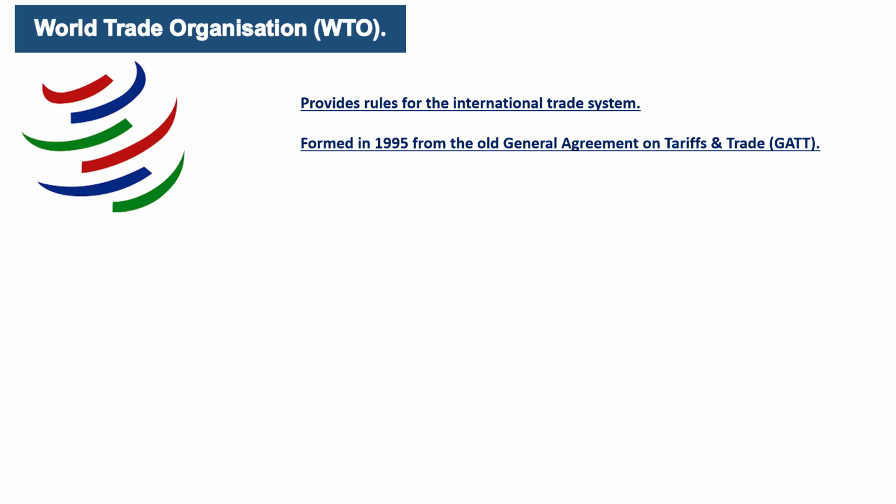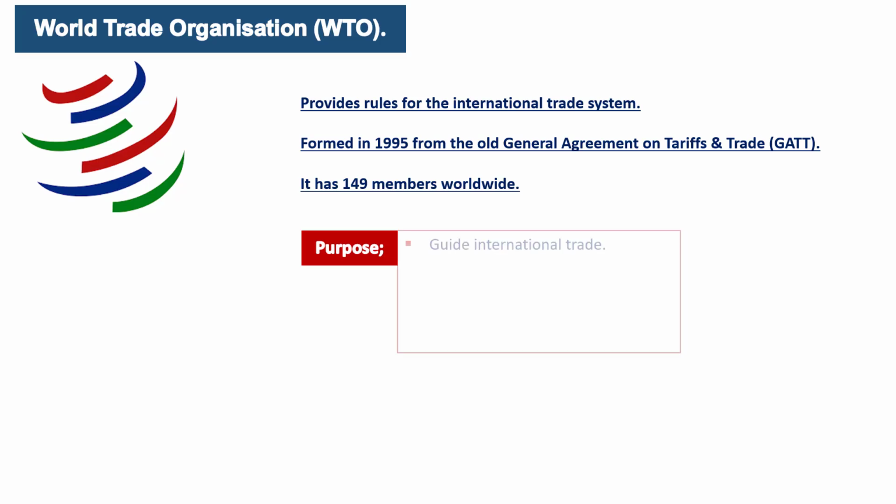The WTO provides guidance on trade in goods, services, inventions, creations, and intellectual property. The WTO has 149 members, which is basically 97% of the world's trade. So it's a very enormous organization.